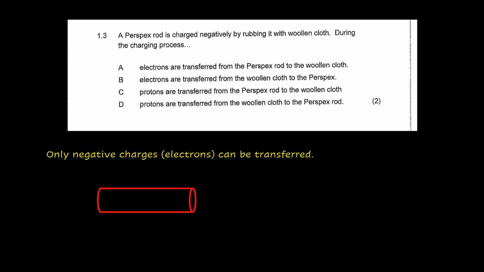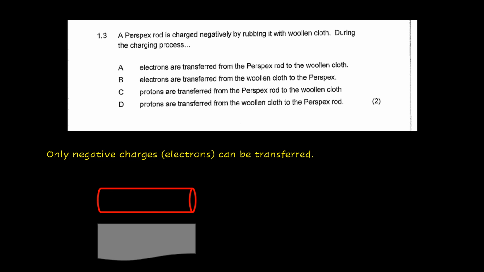You have a perspex rod and a woolen cloth, and you are going to rub these 2 materials together. When you do that, something called triboelectric charging takes place. This means that negative charge or electrons will move from one material to the other.